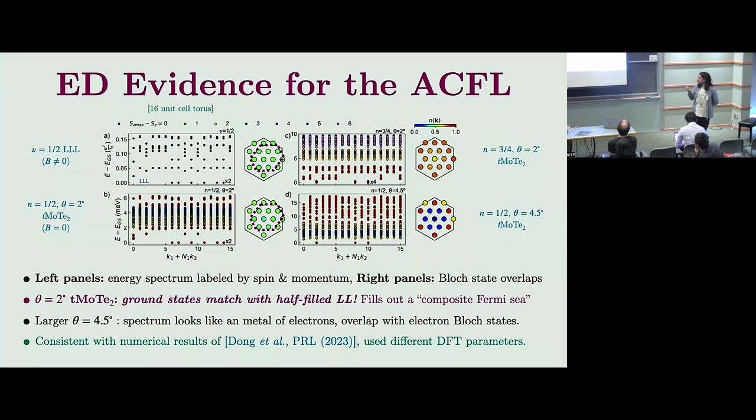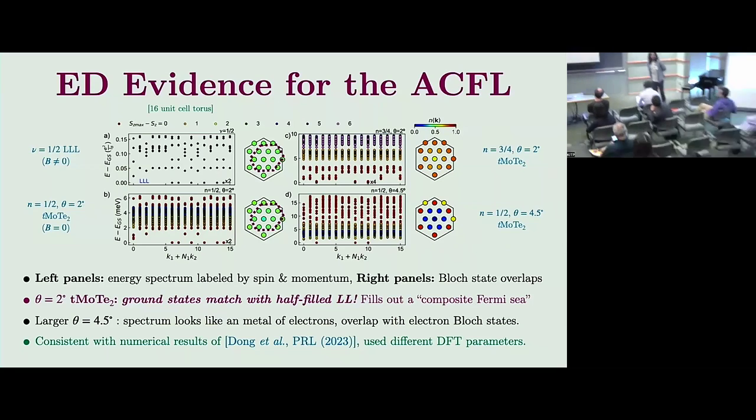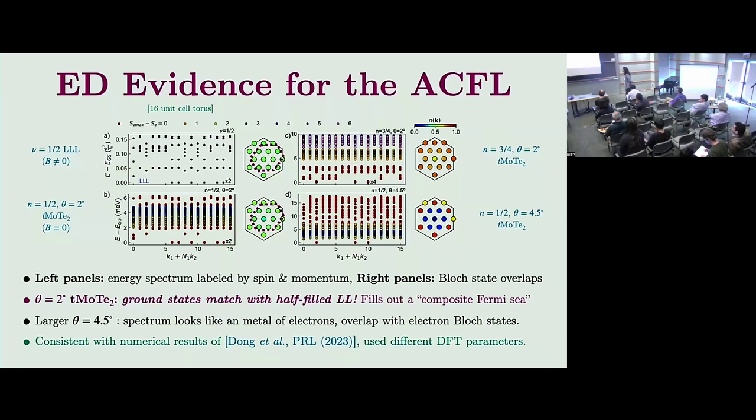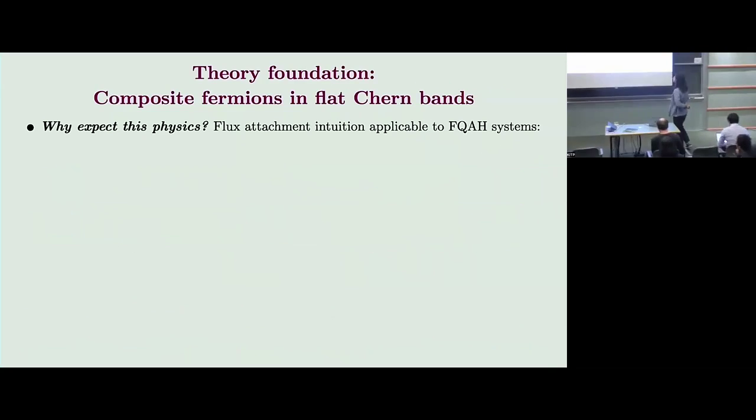I don't remember the details off the top of my head of how that overlap is taken, whether it's the full many-body wave function or if you're projecting to one of these. Actually, Nisharga may be able to answer that. We can chat offline a bit later. Yeah, continue.